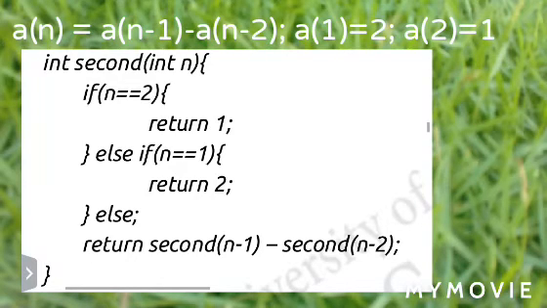Maybe you will ask why it is else if and not else. You might ask why the else has a semicolon and has no open and close curly braces. It is an else if and not an else because else means not equal to, but we need n equals 1.